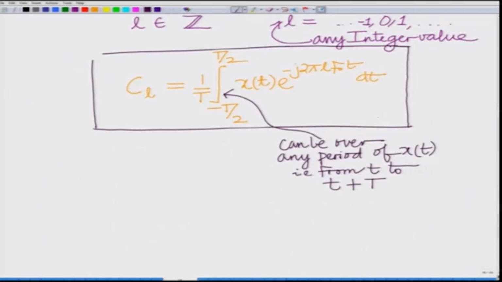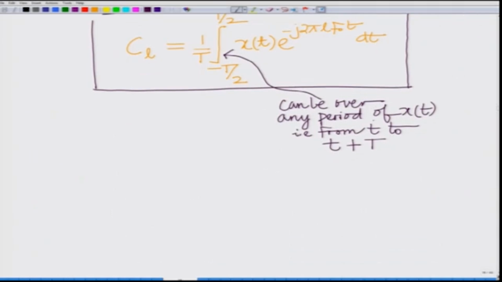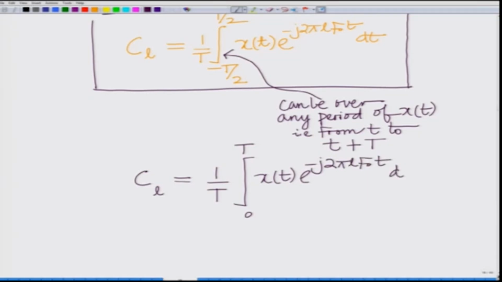Okay. And now what we are going to do is derive this for our particular signal. So, we have C_k; let us carry out the integral from 0 to capital T, as I said, it can be carried out over any period, of x(t) e to the power of minus j 2 pi k f naught t.